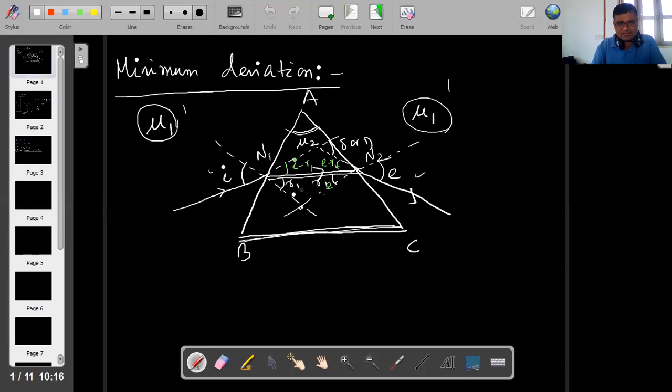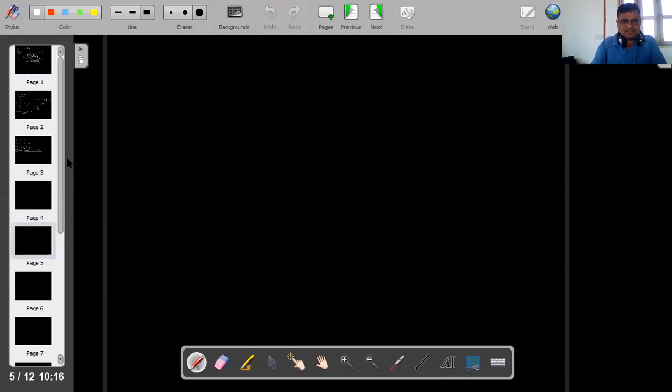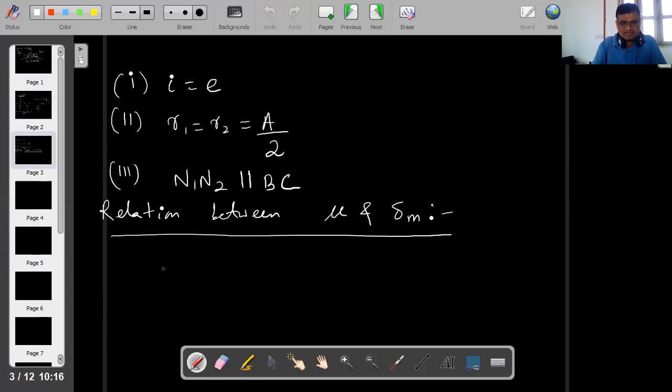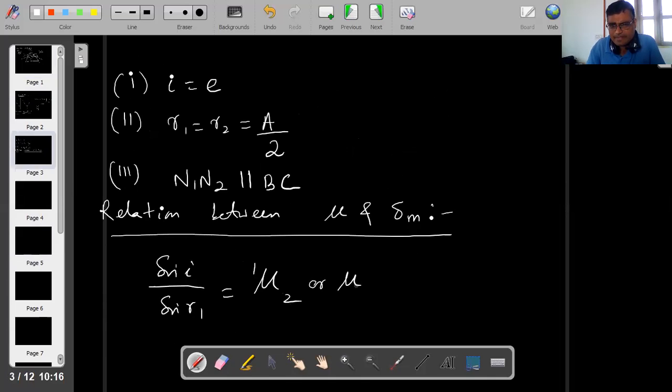Sin I by sin R1 is equal to mu 1 to 2. This is Snell's law. Light is traveling from 1 to 2, that is 2 with respect to 1, or mu. Mu is the refractive index of the prism.